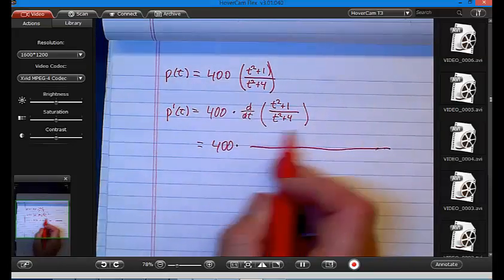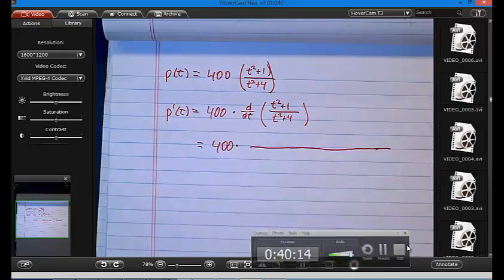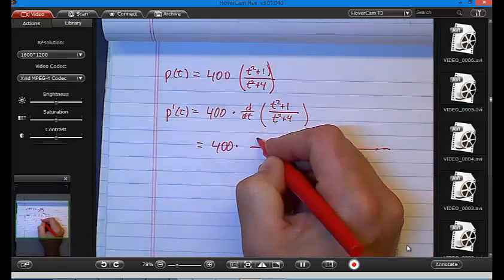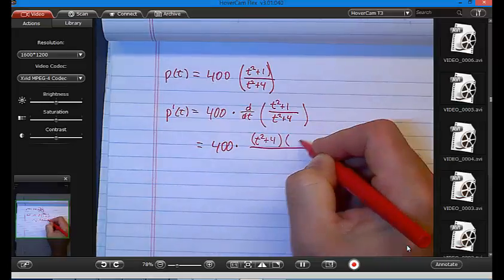Here, let me write down the rule so I don't forget. It's Ho D Hi minus Hi D Ho over Ho Ho. All right, so what am I going to write? Ho D Hi is t squared plus 4 times what? 2t.